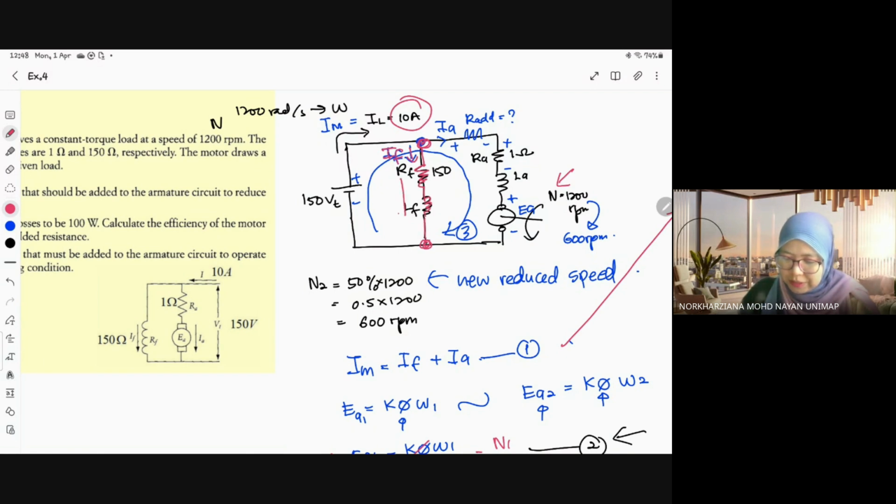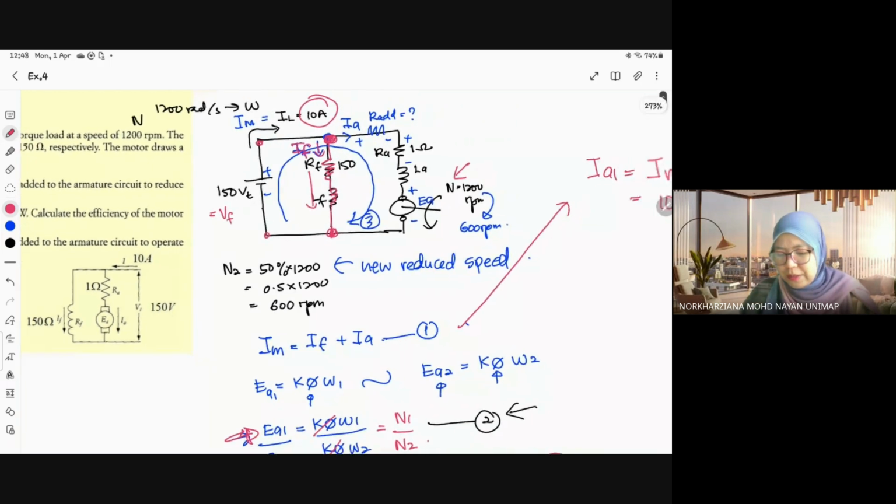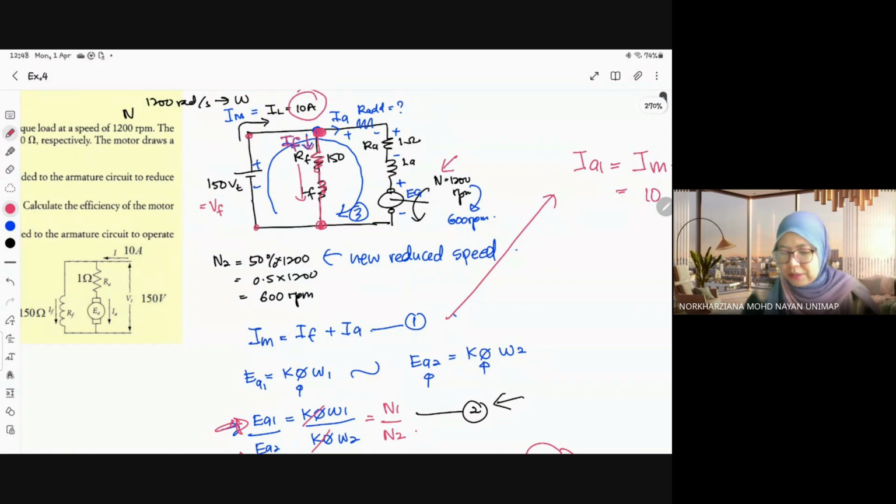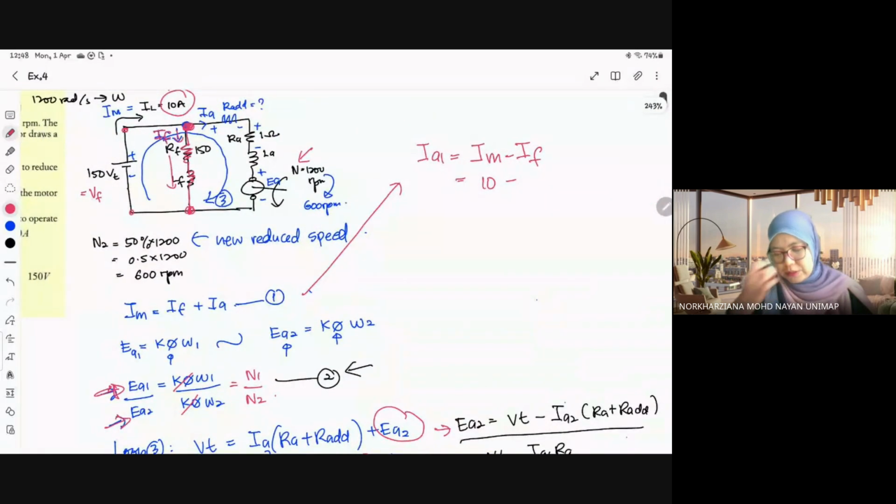Okay, so IF here. So this one setara dengan point ni. Okay, this is your VT. So you can say that VT is equal to VF. Okay, and you have resistance here, and strictly you can use it to calculate your field current. So it's VF over RF, 150 volt over 150 ohm. So your IA1 is 9 ampere.